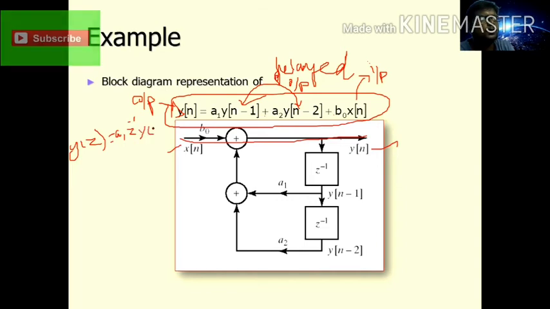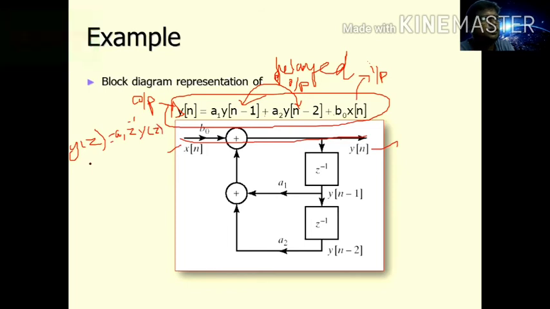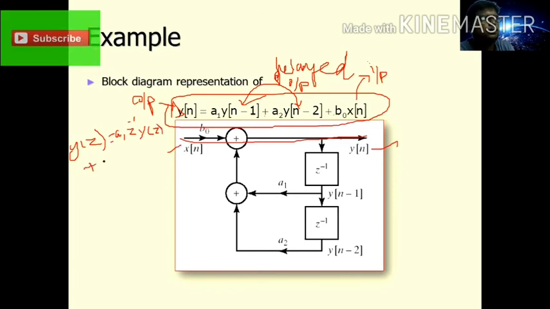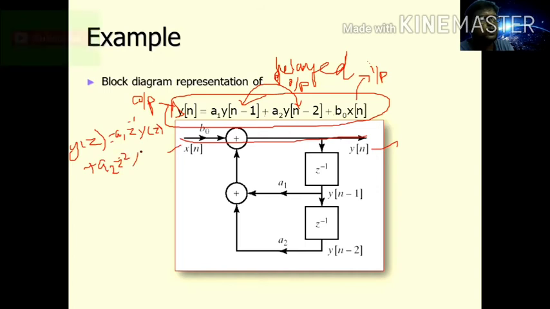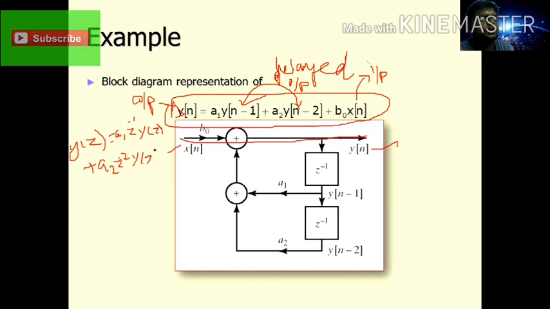Next, plus a2, now you apply the Z transform for y of n minus 2, so now it becomes 2 times delay, so z power minus 2. With respect to y, so I put here Y of z. Suppose with respect to x, you put X of z also.